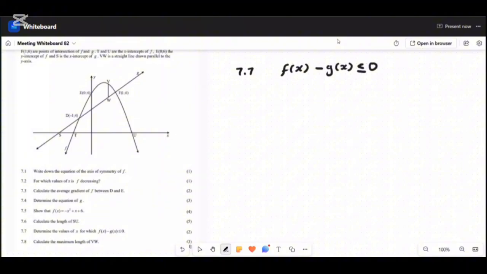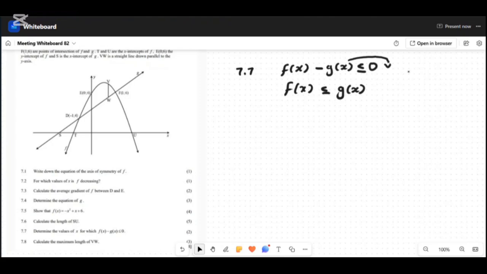But okay, f of x is less than or equal to g of x. I hope we are all on the same page. I just transposed this to the other side because there is a 0 there, and now it's positive. What does this mean? It means determine the values of x whereby g of x is greater than f of x.